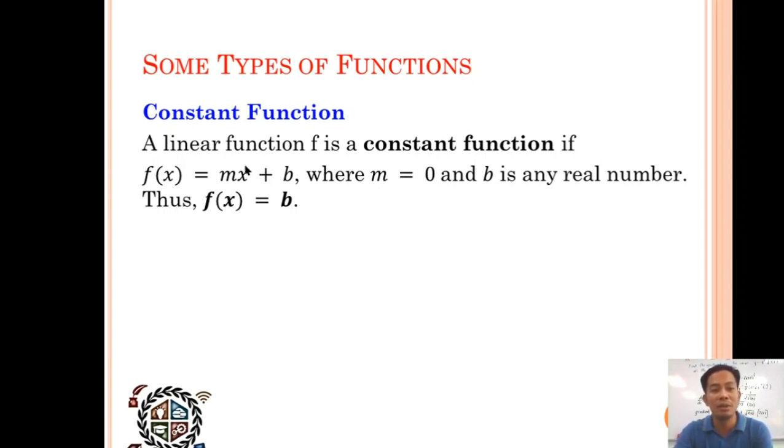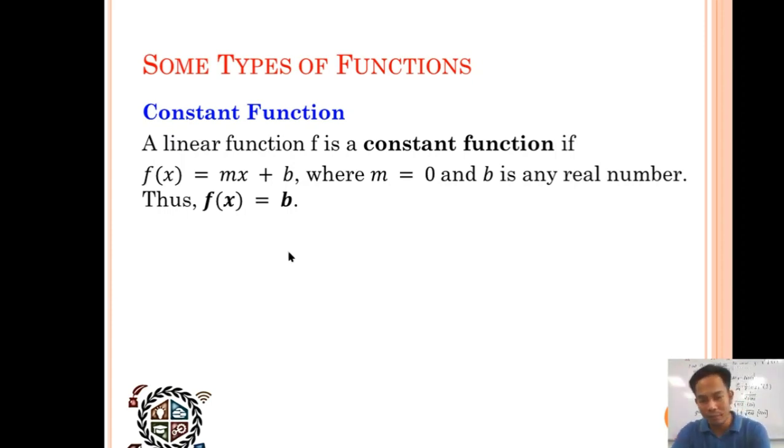So, 0 po yung m. So, 0 times x is, of course, 0. 0 plus b is equal to b. So, ibig sabihin, a constant function is only a function that is equal to any number. Okay? Usually, ang graph po ng constant function is a horizontal line. Okay? It's always a horizontal line.